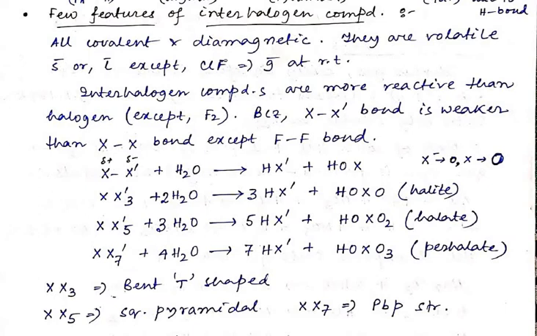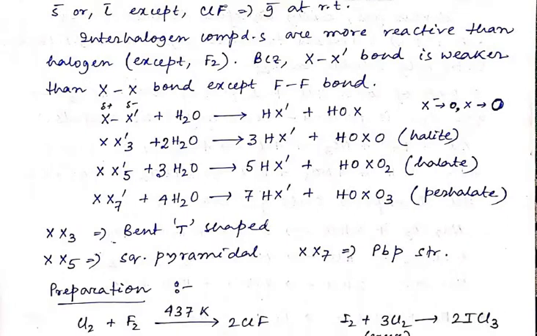One exception is fluorine, because we all know that fluorine is very reactive. So except fluorine, all other interhalogen compounds are more reactive than the halogens.